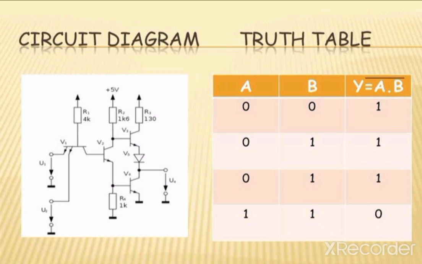You can see that if we are providing zero input to the first transistor's base, then it will go into cutoff, and the voltage at the collector of the cutoff transistor will provide the emitter voltage to the next transistor.